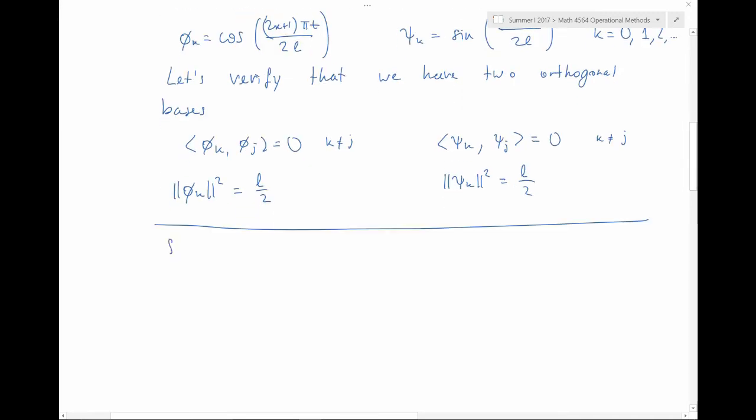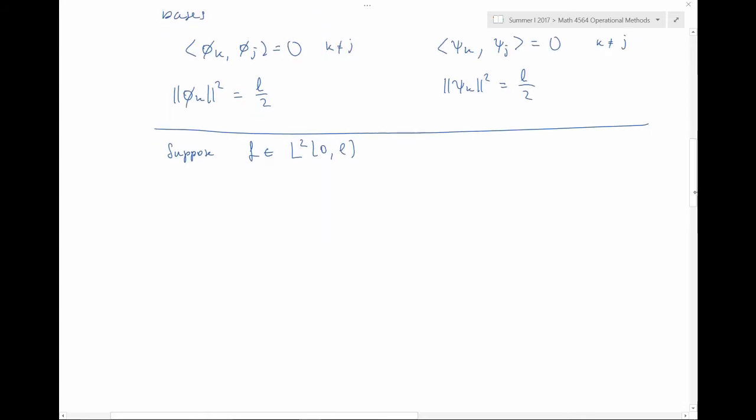Therefore, if I have a function from L2 from 0 to L, I can express f of t as a summation, k goes from 0 to infinity, of ak times the cosines, where ak is 1 over norm squared, which is 2 over L, the integral from 0 to L of the function f of t times the cosine.